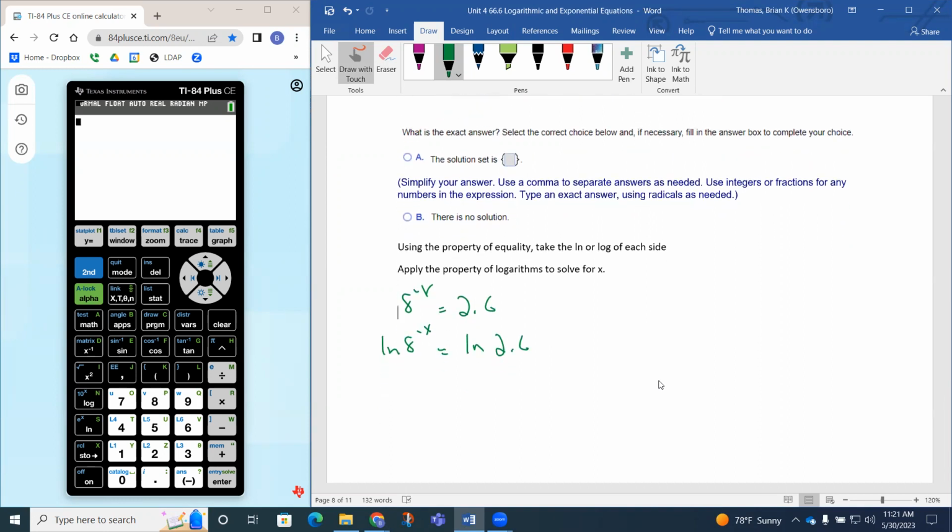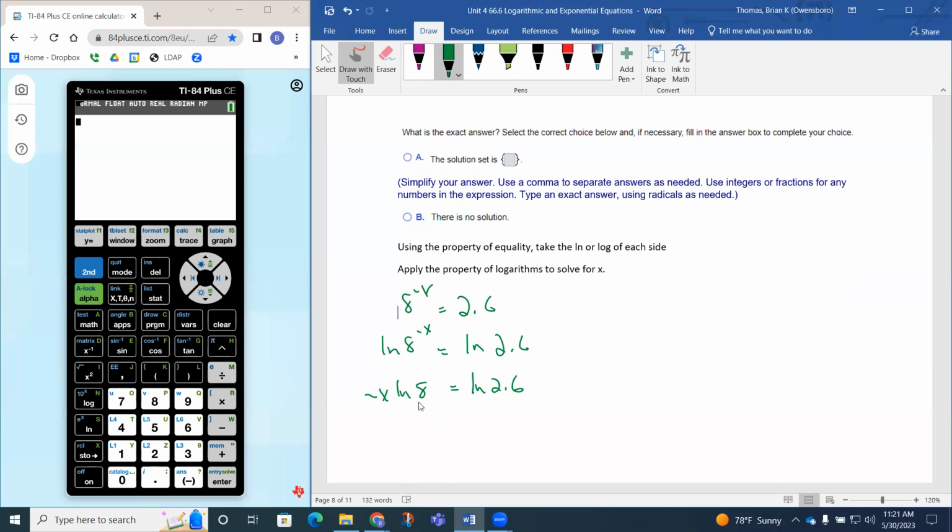Now, we can apply the property of logarithms to solve for x. Remember, if x is an exponent inside a log, it can become a coefficient out in front. So this allows me to bring the negative x out in front and write this as negative x natural log of 8 equals the natural log of 2.6.